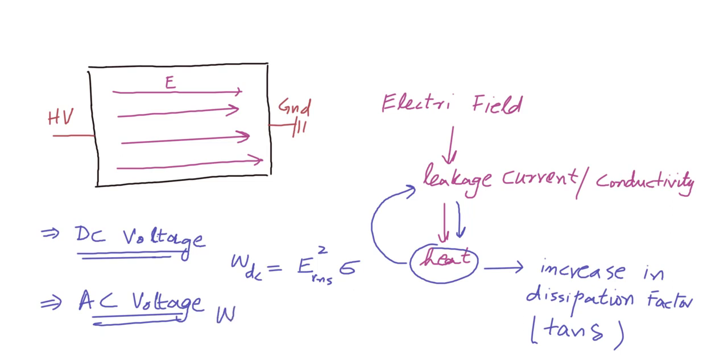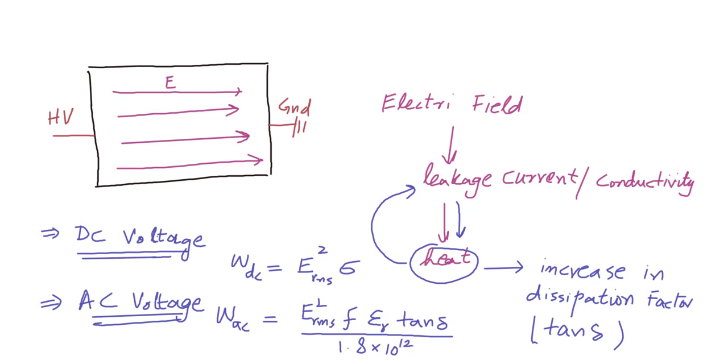heat being produced is equal to the square of the RMS value of the electric field, times the frequency of our AC voltage supply, times the relative permittivity of the insulating material, times the dissipation factor, tangent of delta, where delta is the loss angle of the insulator, divided by a constant 1.8 into 10 raised to the power 12.